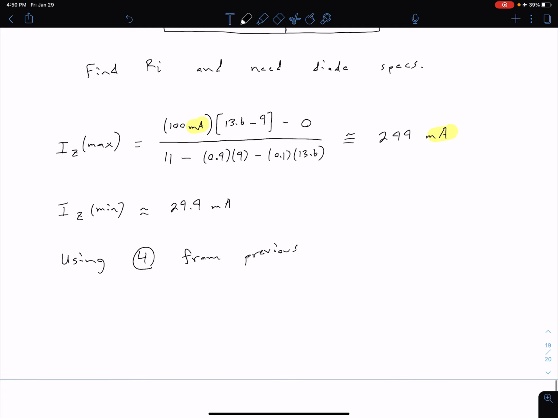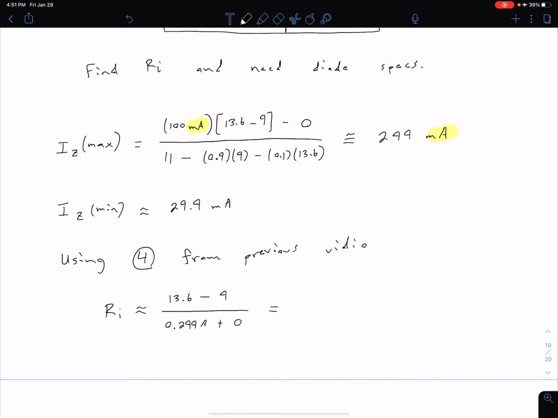So Ri is approximately equal to our VPS max, or our VB max, which is 13.6, minus our VZ, divided by our IZ max, which is 0.299 amps, plus our IL min, which is 0.